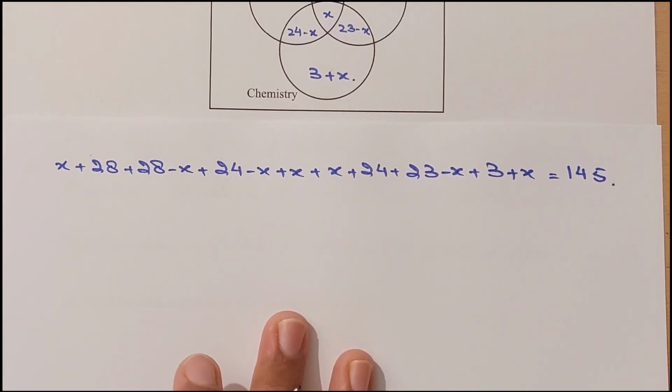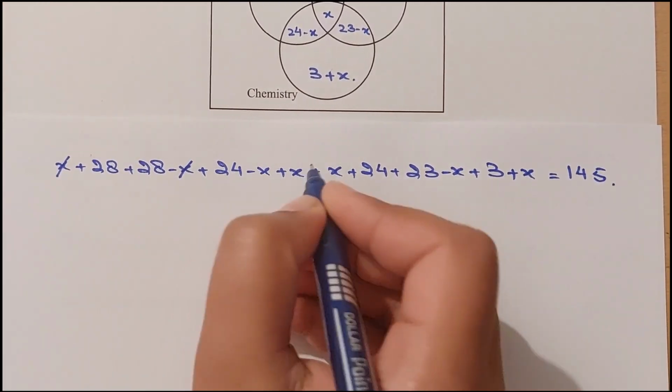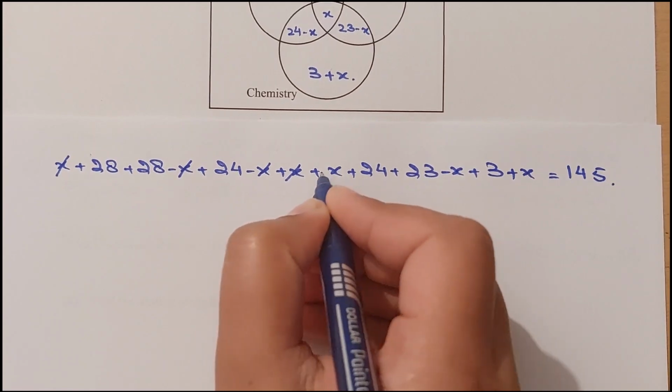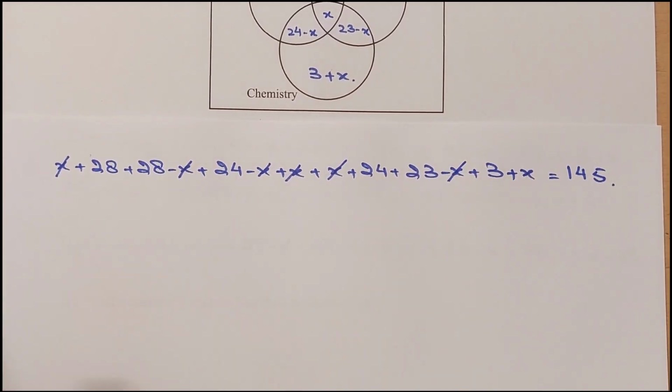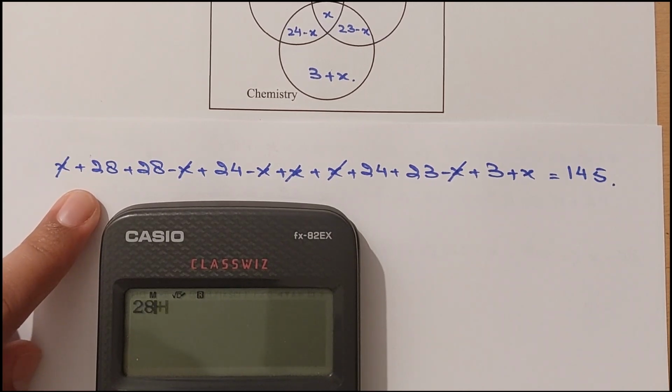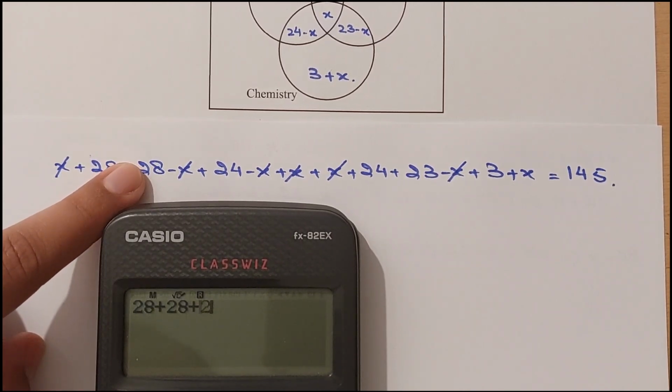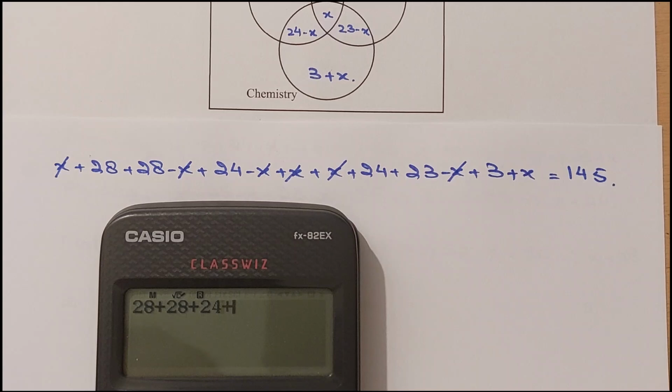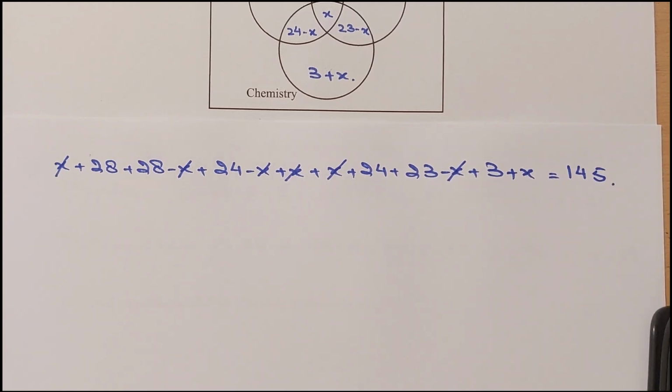Now let me solve for X. The positive and negative X terms cancel. Let me add the constant numbers: 28 plus 28 plus 24, and then plus 24, and then 23 plus 3, is 130.